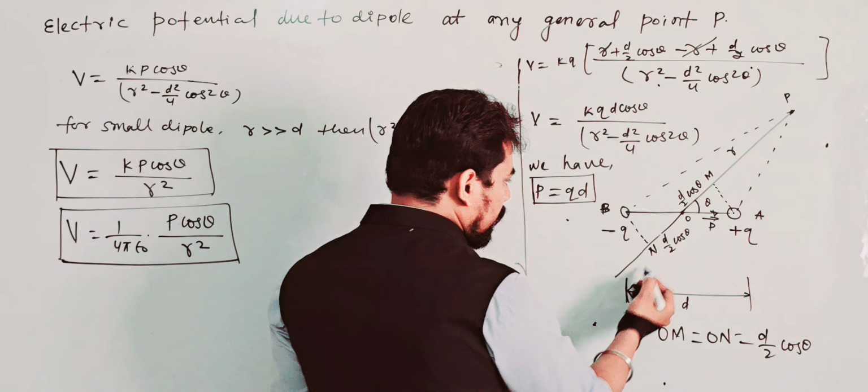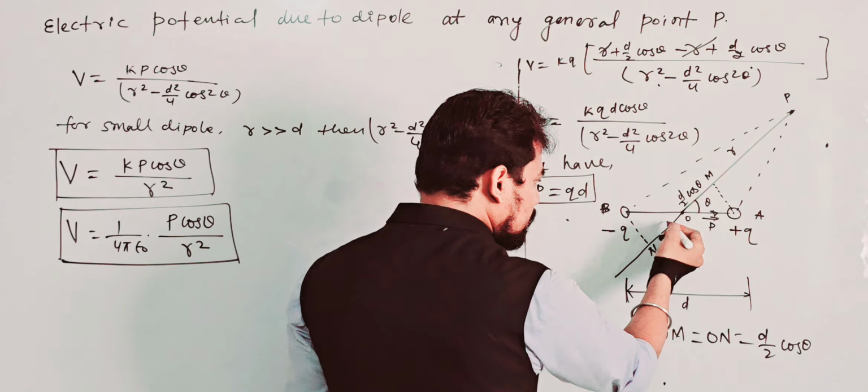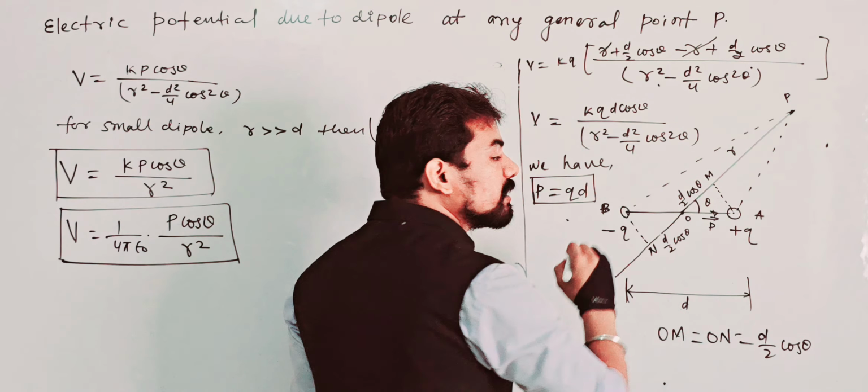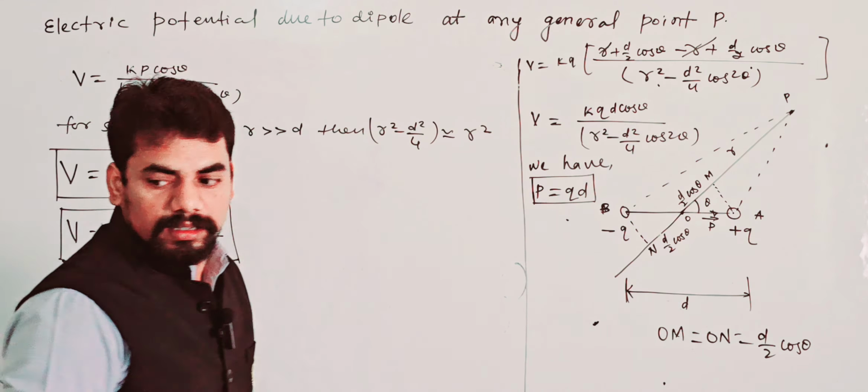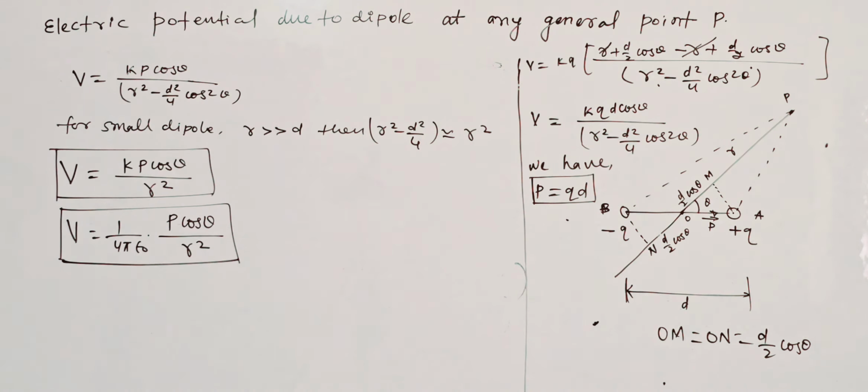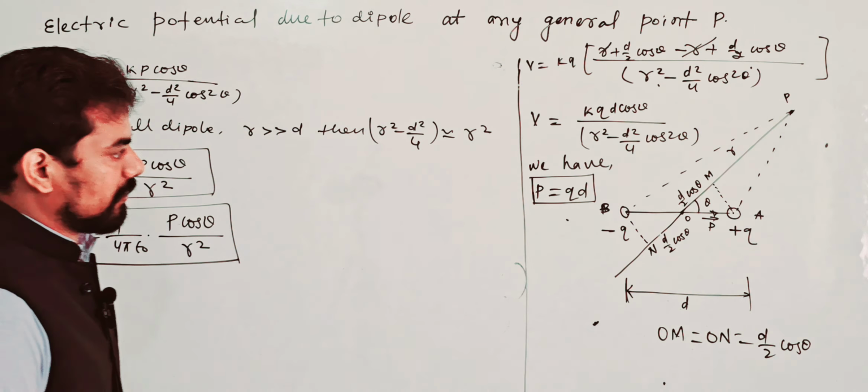If this is the point, you draw over here, and this is the theta, measured from the positive charge. So this is the potential due to a dipole. From here we can write the special cases.